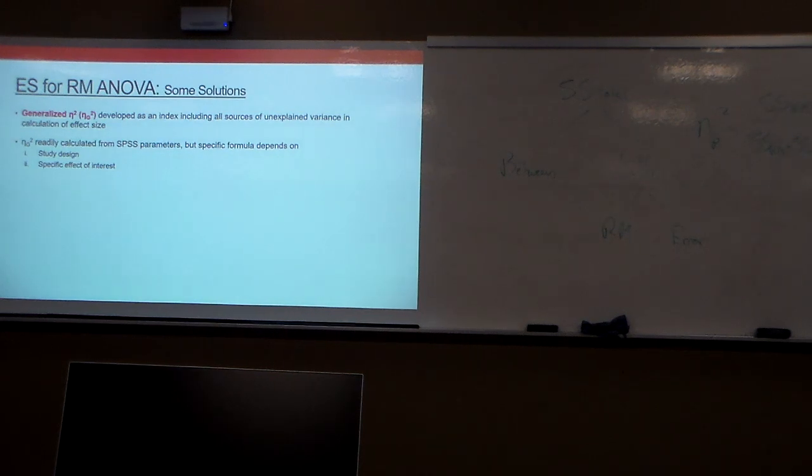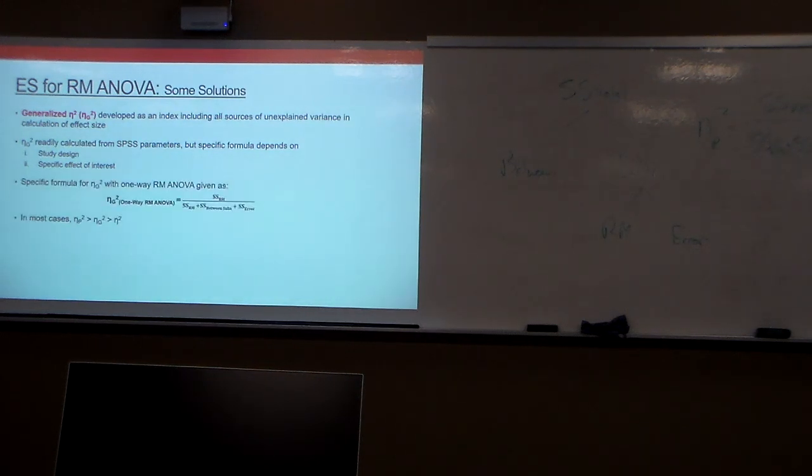Okay. So our generalized eta squared, we can easily calculate this based on figures that are given in SPSS, but the tricky thing with generalized eta squared is that the specific formula is going to depend on your design, how many factors you've measured, whether or not you have randomized factors or pre-existing factors and things along those lines, and which specific effect you're actually looking for.